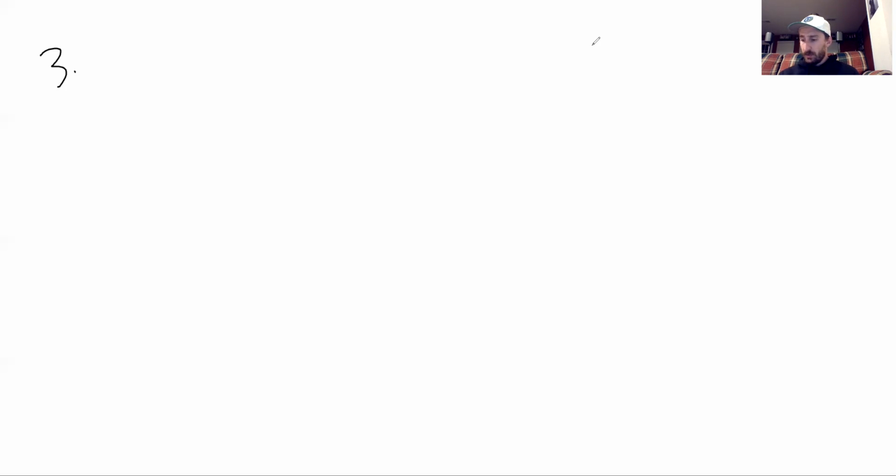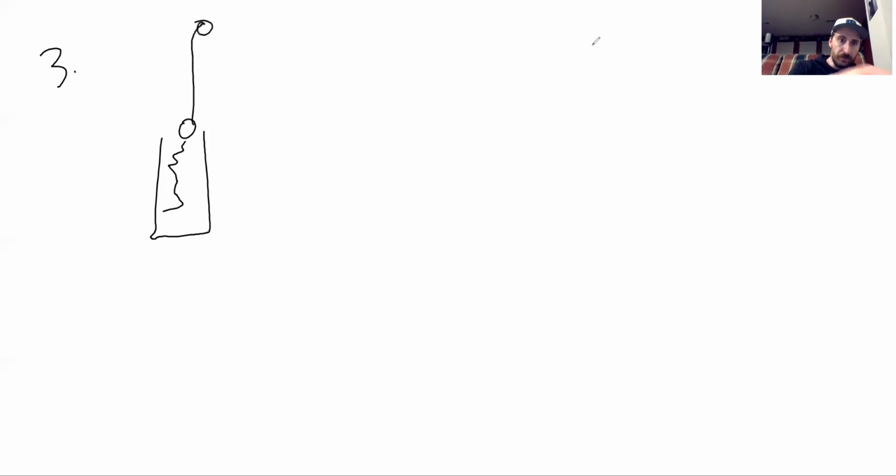Let's see here. You see the spring. There's a couple different ways you could do this. Let's think about it like this. You could launch the thing vertically, and you could measure max height, for all three positions.